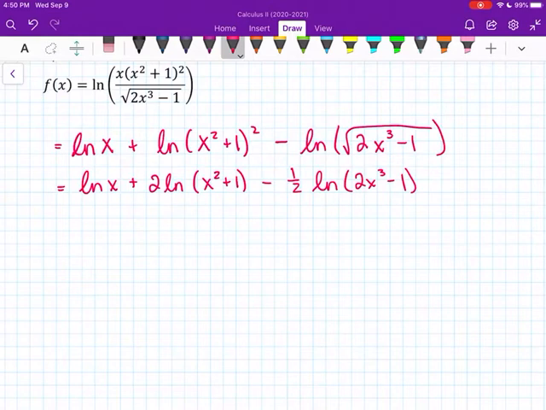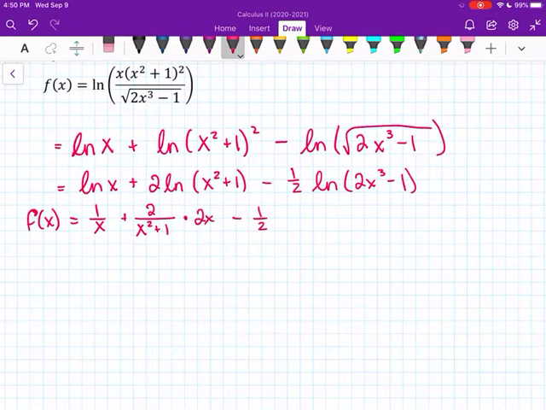So now my next step is to go ahead and take the derivative of each of those terms. The derivative of the first term is 1 over x. And then the derivative of the second term is going to be, well, I have that 2 out front, and then 1 over the inside of the log times, chain rule, times the derivative of the inside, which is 2x.